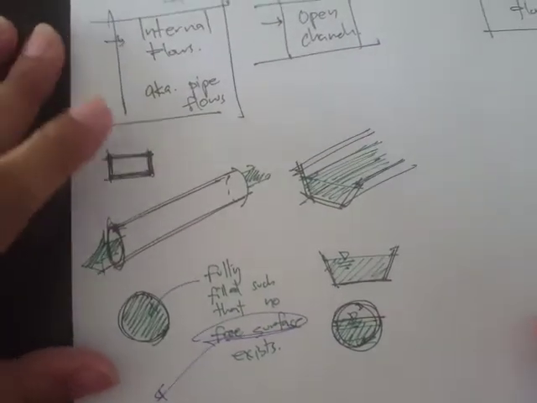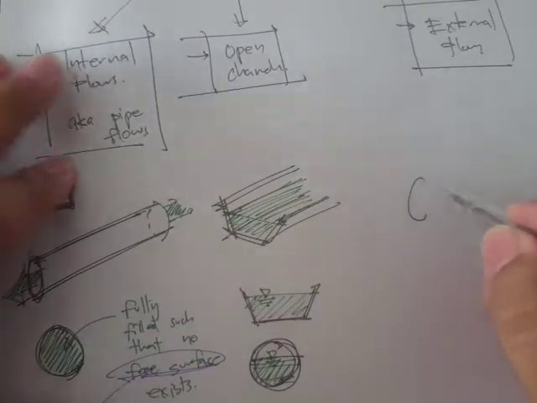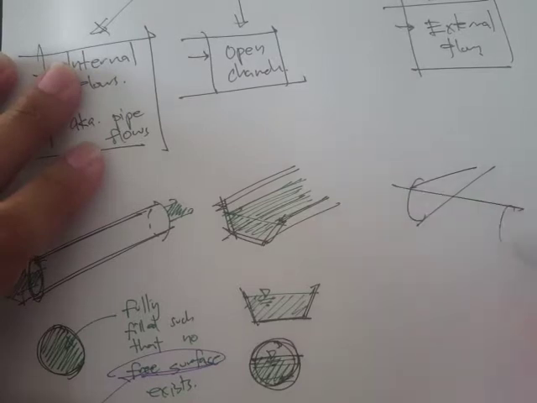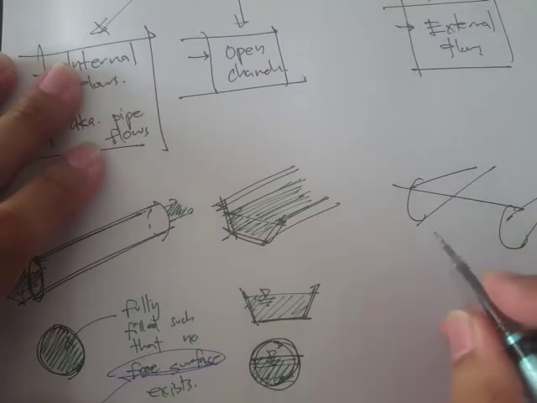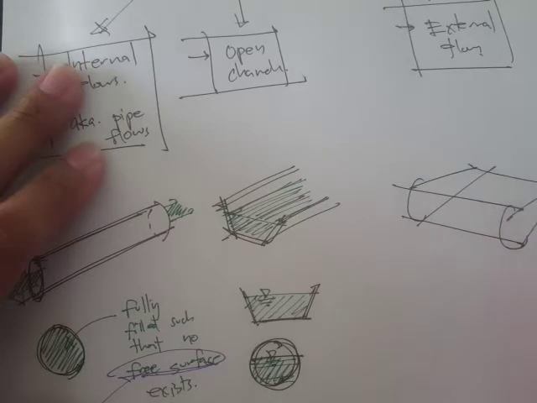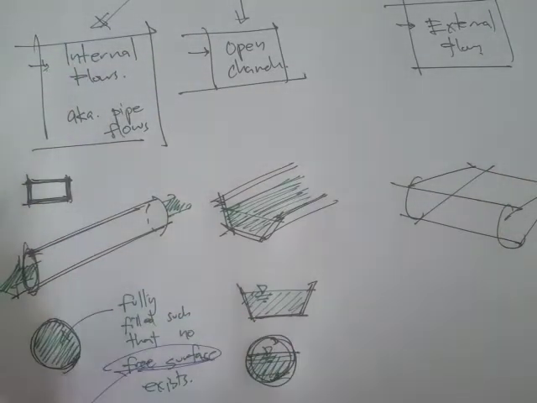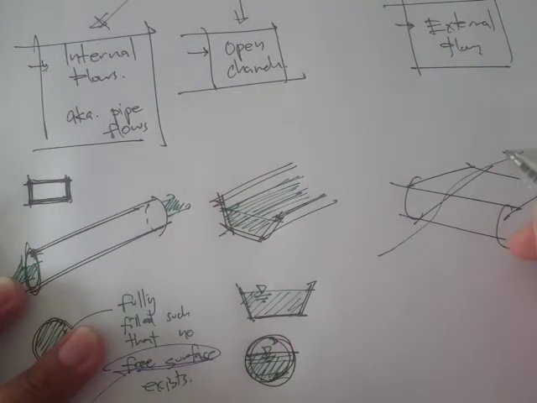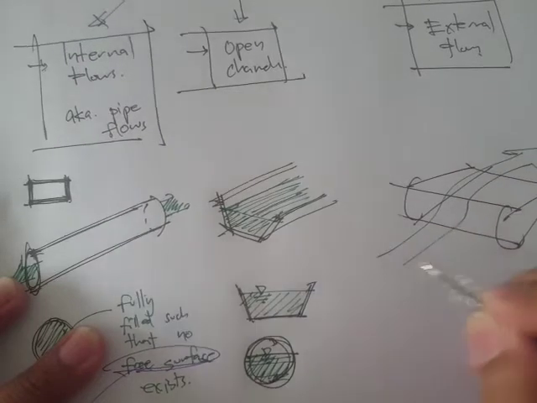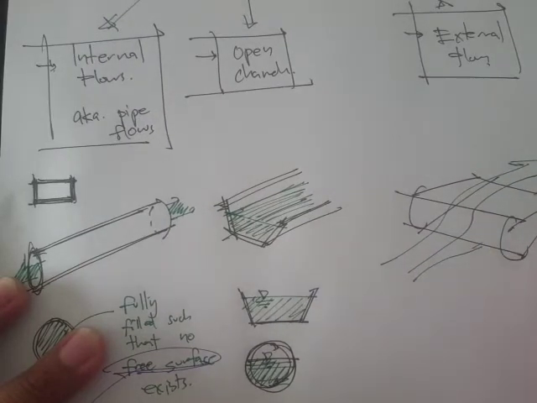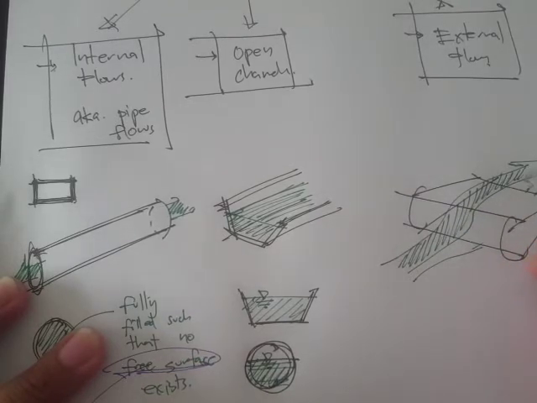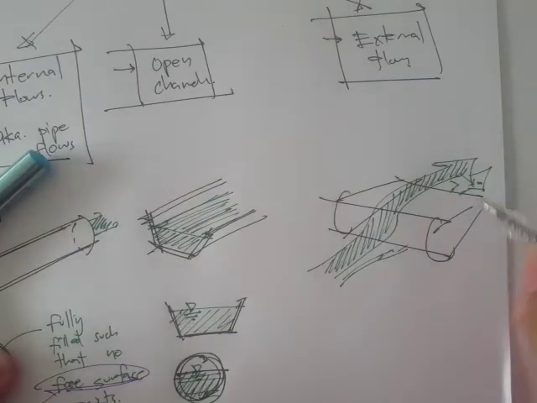And for the external flows, if we have an airfoil, for example, it is a specially shaped solid boundary, but the flow is outside, or over the solid boundary.